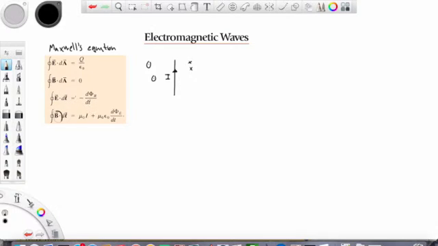The third equation from the top is Faraday's law, which we already talked about, and it says that if we have a changing magnetic field, we have changing magnetic flux, and that produces an electric field. So somewhere here, when we have a changing magnetic field, an electric field should also be created.